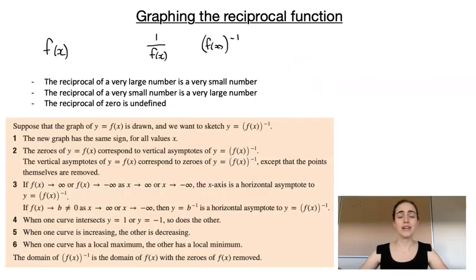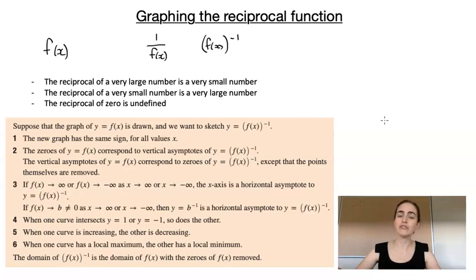There are a few things that we need to consider. We're going to read through these quickly and then have a look at what they actually mean in some examples. If we have the graph of the original function and we want to draw its reciprocal, the new graph has the same sign for all values of x. So wherever it's above the x-axis on the original, it will still be above the x-axis on the reciprocal, and the same with the negatives.